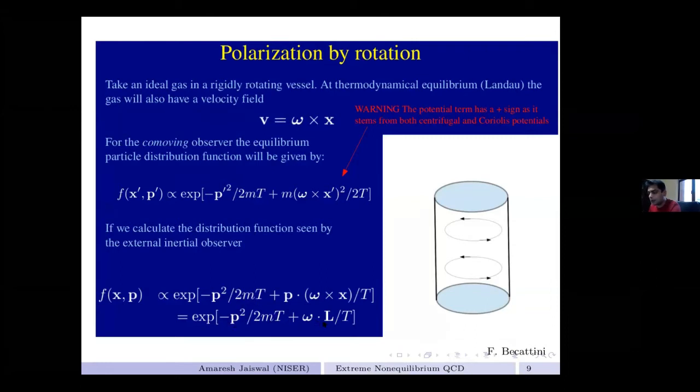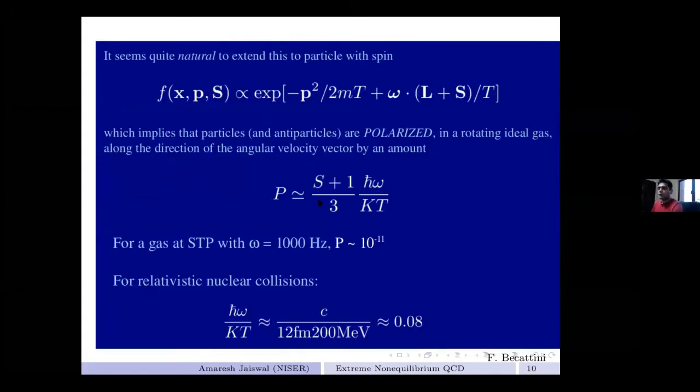However, there is an omega dot L term, L being the angular momentum, that appears in the distribution function. L being the orbital angular momentum, it's quite natural to extend this to include spin as well. So L plus S being the total: if there is intrinsic spin to the particle, then L plus S becomes the total J.